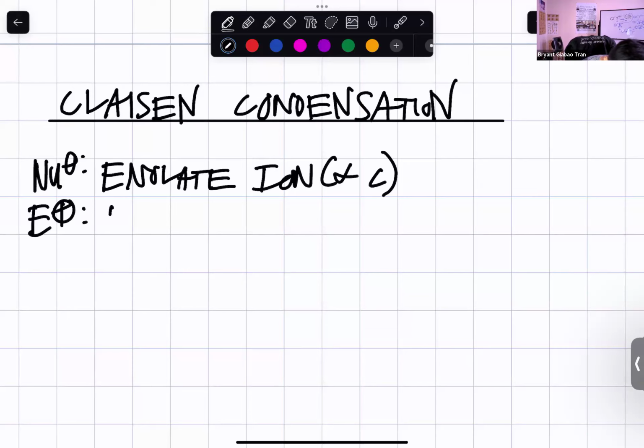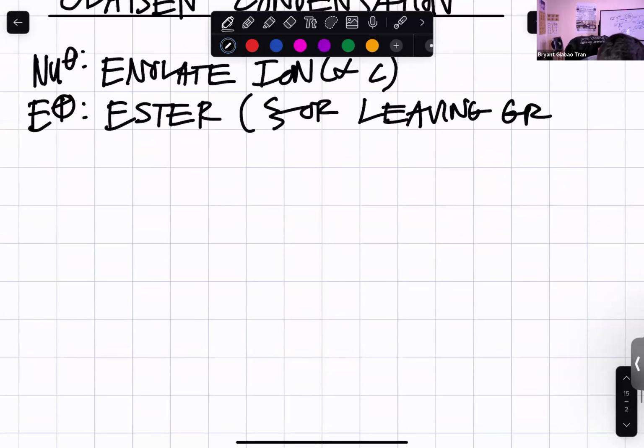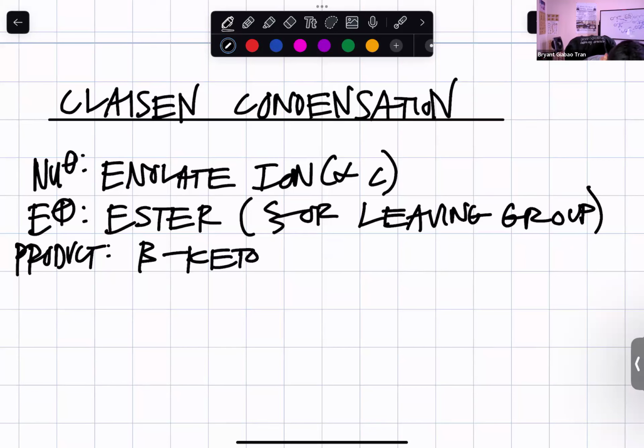The electrophile is going to be an ester, right? And that ester has to have the OR leaving group attached to it. And the product is going to be a beta keto ester, right?